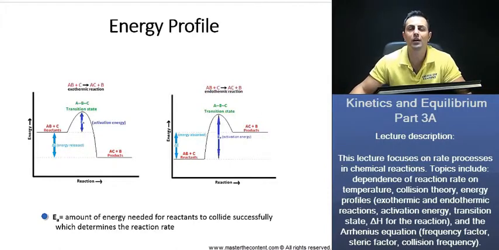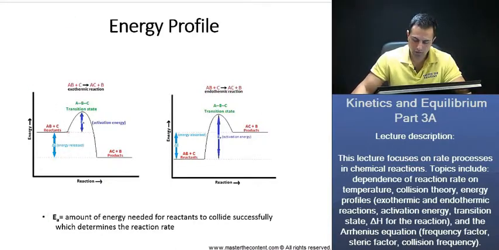Now, if you're wondering, how does the activation energy determine the reaction rate? Well, let me show you. Say we have, with that, we also have another activation energy, which is like that. Now, let's say we have a bunch of reactant particles over here, right?